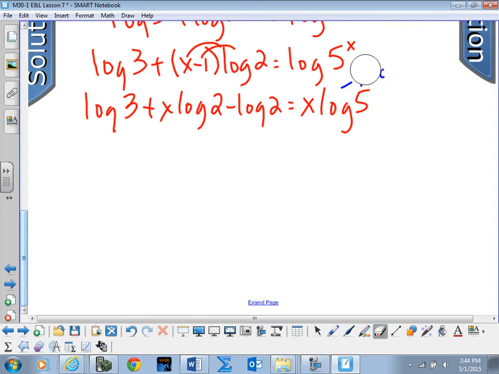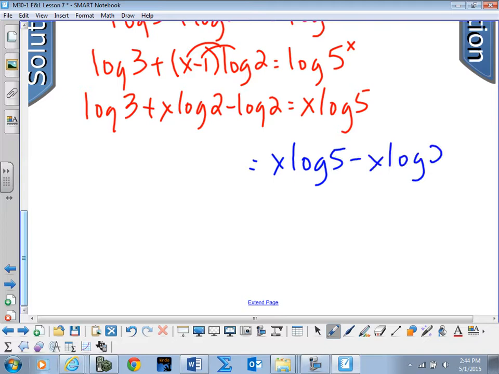Instead of minusing x log 5, I'm going to put my x values on the right side. Bear with me here. Instead of moving everything over to the left side, let's just move the x to the right side. Minus x log 2, so what we're left with is log 3 minus log 2. Once we have the x's on one side, we need to factor out.